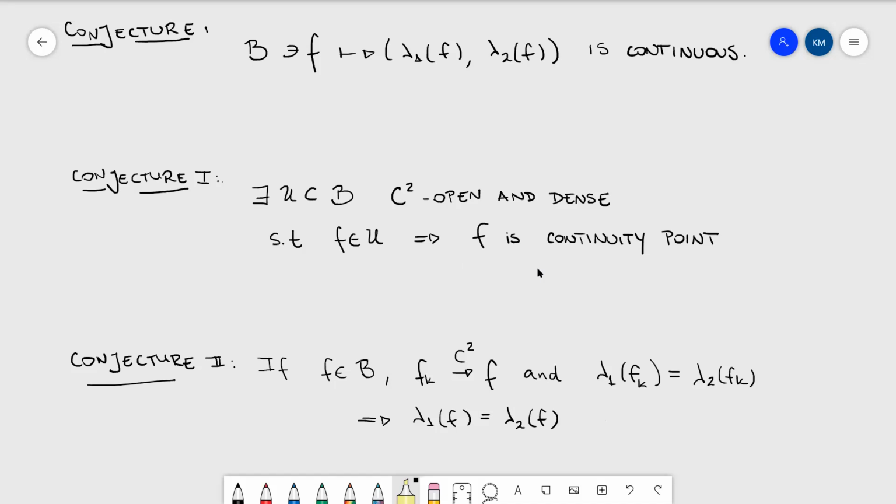Okay, so the question is if this is actually something that we can prove for the center Lyapunov exponent. Of course, all these questions make sense in the case of linear cocycles. I stated here in the case of center Lyapunov exponent, but all of them have a counterpart when you ask the question about linear cocycles.